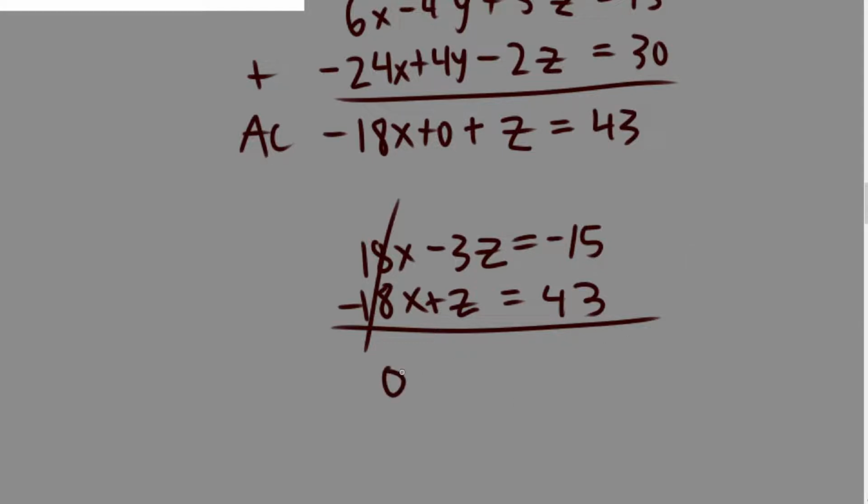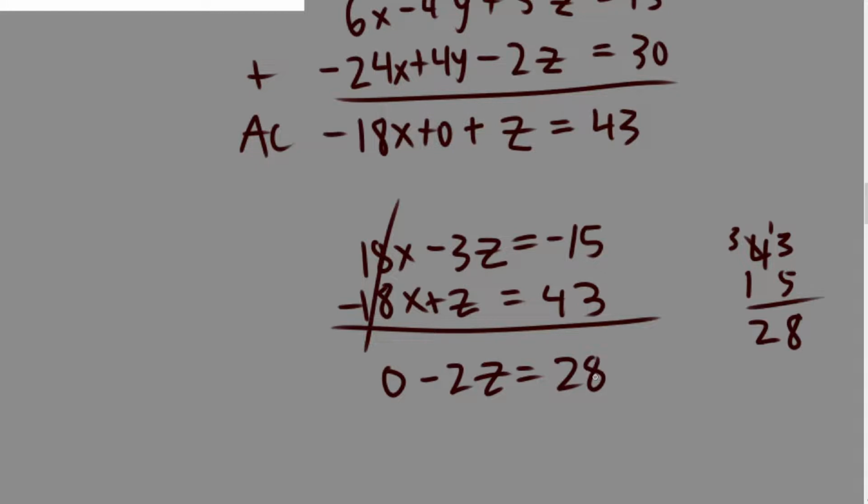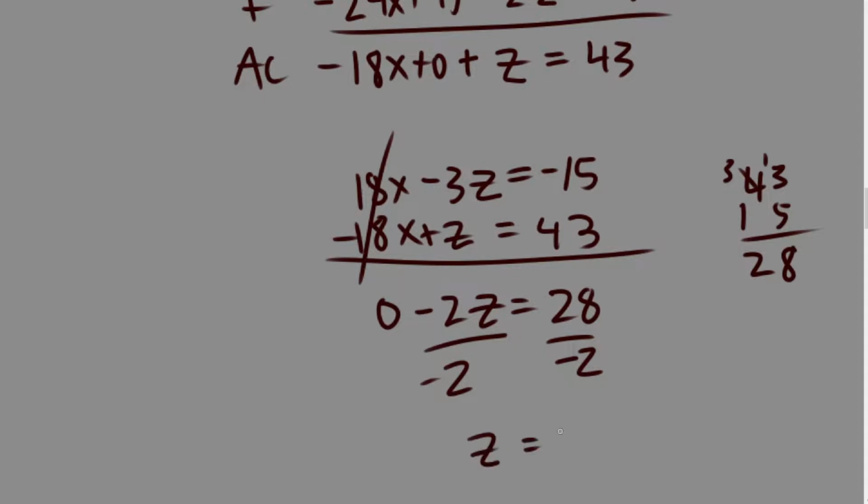So 0 plus, well, it'd be minus 2z equals 43 minus 15, which is 28. And then we can divide both sides by negative 2, which gives me z is equal to negative 14.